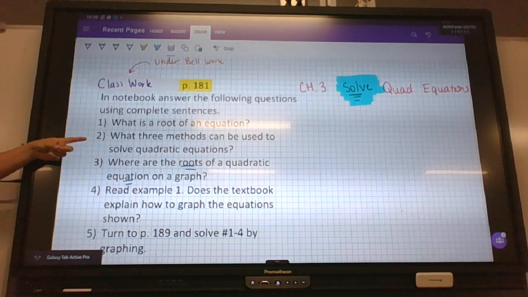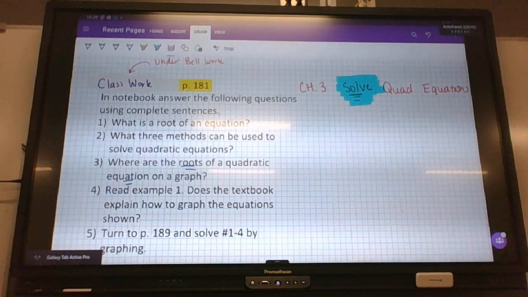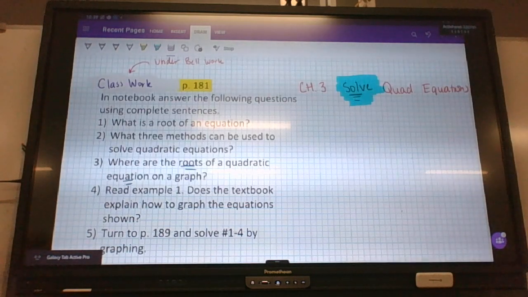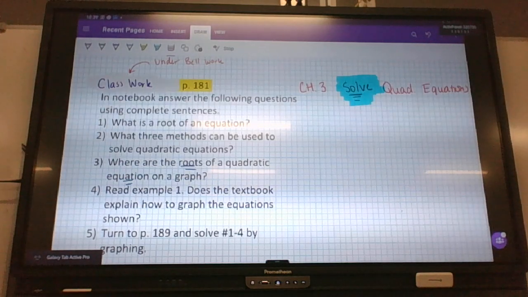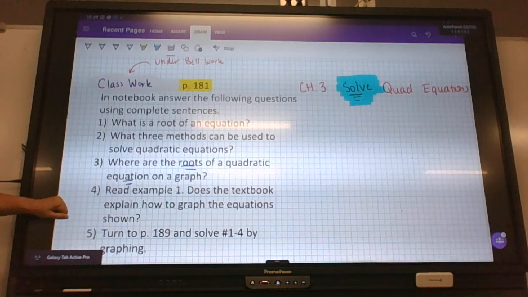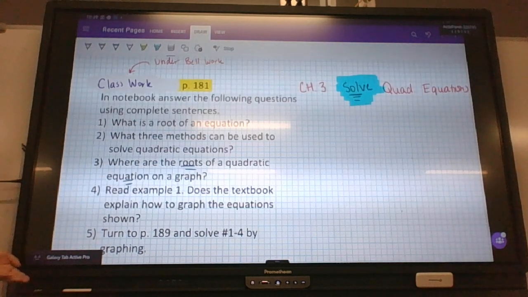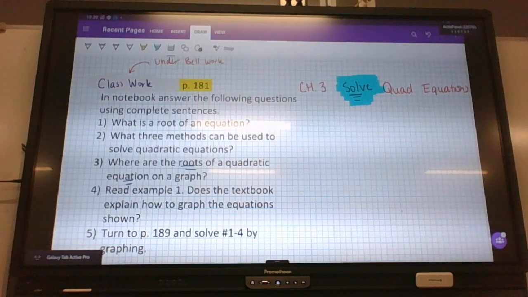The second question is, what 3 methods can be used to solve quadratic equations? The next question is, where are the roots of a quadratic equation on a graph? Then you're going to read example 1, and answer, does the textbook explain how to graph equations? And then you're going to do number 5.